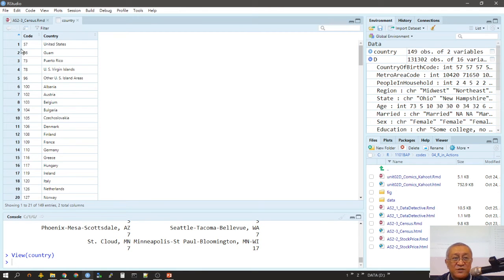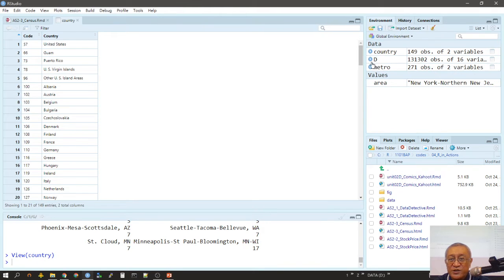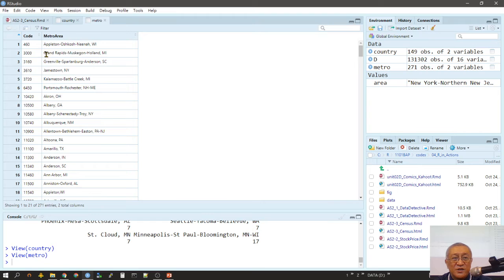One of the data frames maps the country code into a country name, right? It's called country, and the other one is metro. It's mapping the metro code into a metro area name, right?